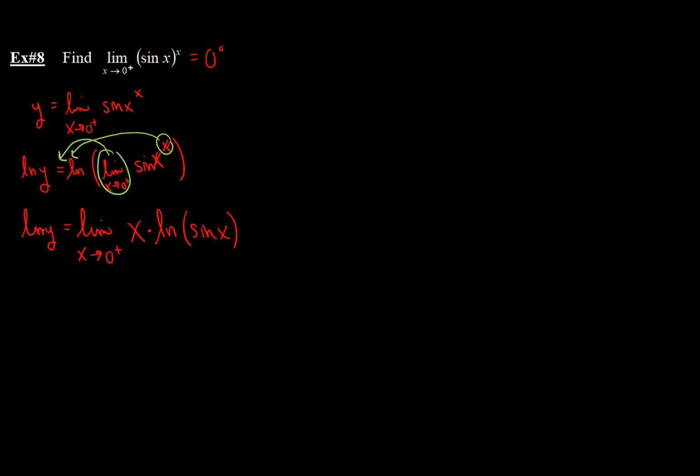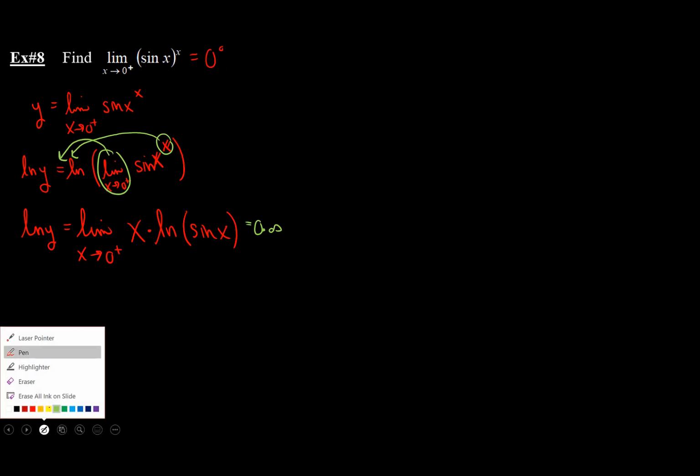The limit moves outside of the natural log, and this power means it can move outside of this as well. All right, when I plug this in, I see that I'm going to get a 0 times infinity form. So I need to play who's on top again. Remember, we don't really want the natural log on the bottom.